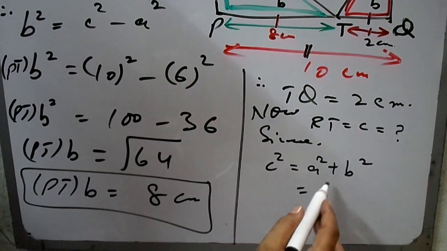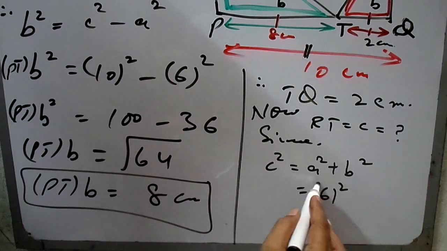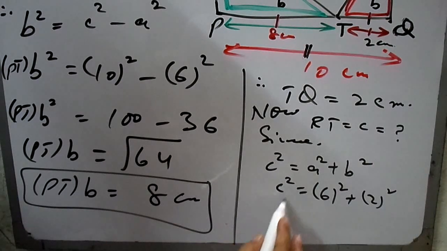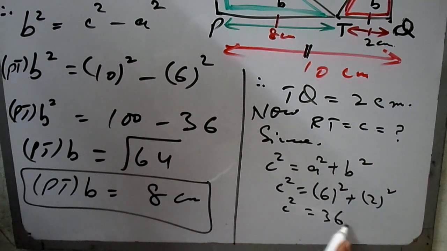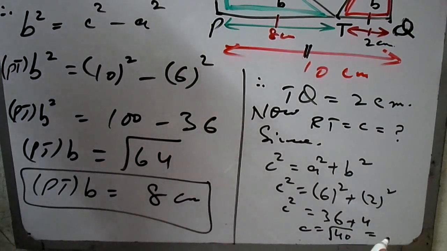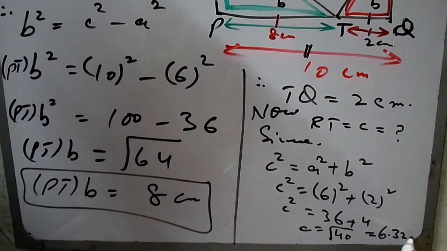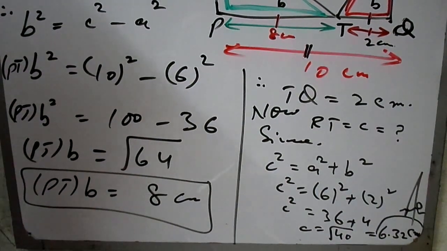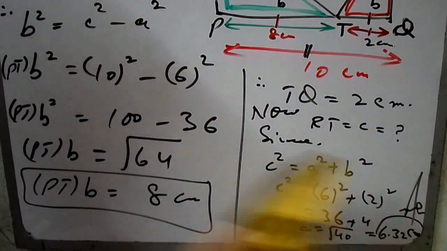So putting the values, the value of A is 6 and the value of B is 2. 6 sixes are 36, plus 4, and you will get 40 under root the value of C. So the value of C is equal to 6.32 centimeter. So that is your result, because you have to find RT. So coming to the question number 14.